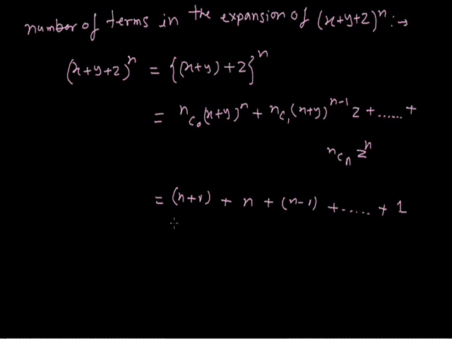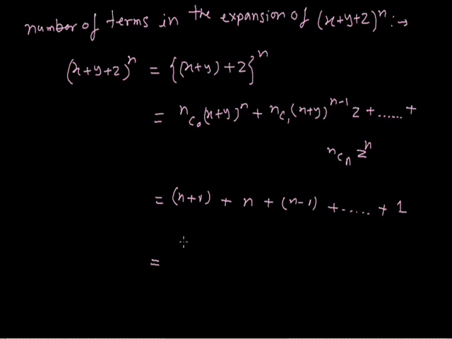So here in the first term the number of terms is equal to n + 1, because of nC0 (x + y)^n. When we expand (x + y)^n we get n + 1 terms. In the second term there are n terms, and so on.